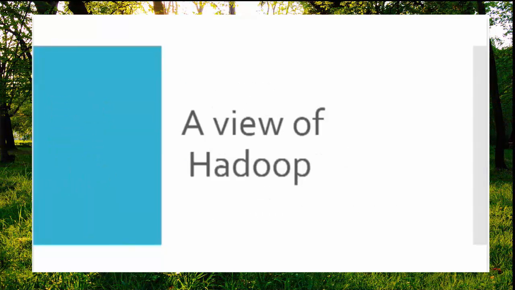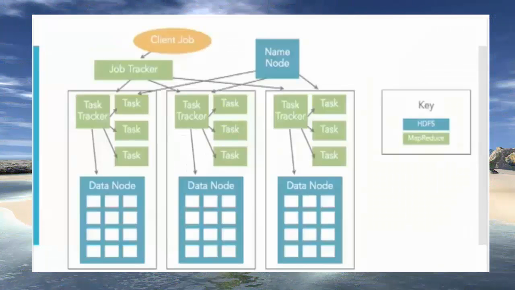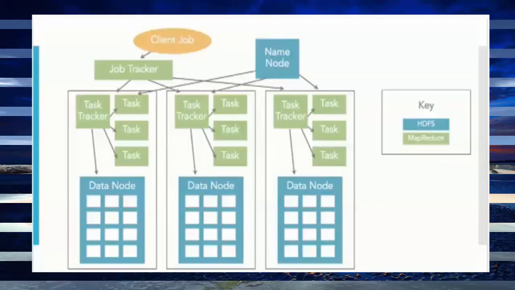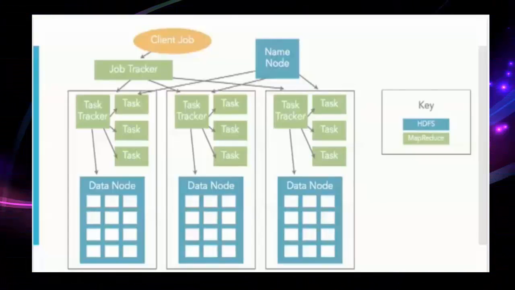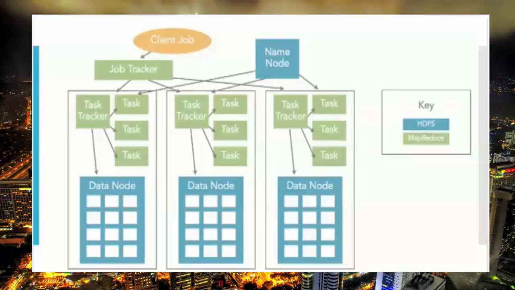To give us an idea of what this might look like, here is a drawing showing some of the common daemons and how they're distributed. So you can see in this particular drawing, we're in fully distributed mode. We have 3 separate physical servers. On each server, we have various daemons and they're represented in green.